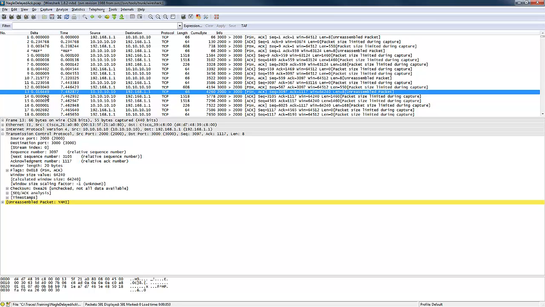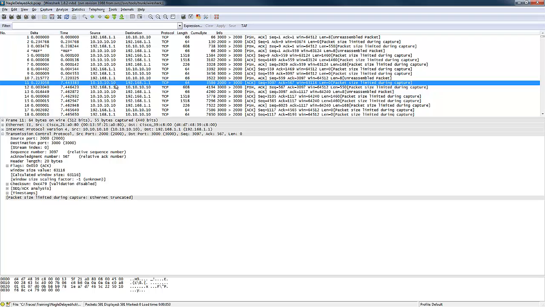Because this is the artifact of piggybacking. Okay. Notice in this acknowledgement, packet number 11, we don't have any data to send to 192.168. So the only timer in play here is the delayed acknowledgement timer.